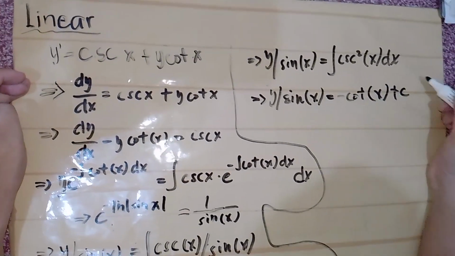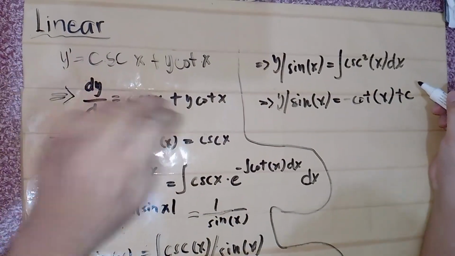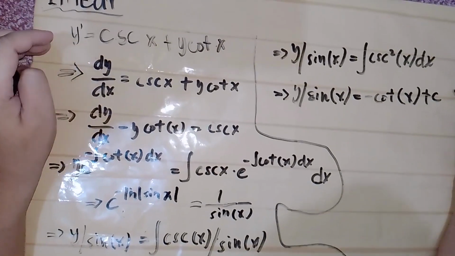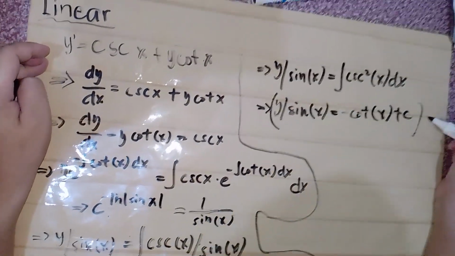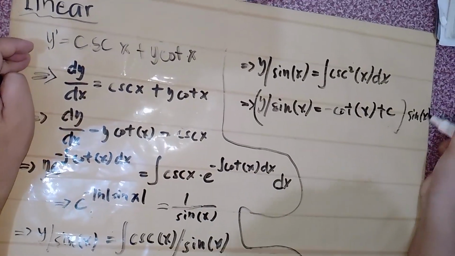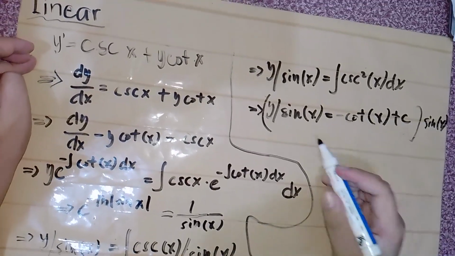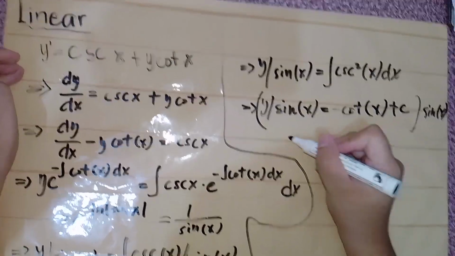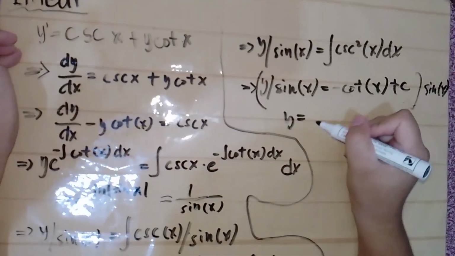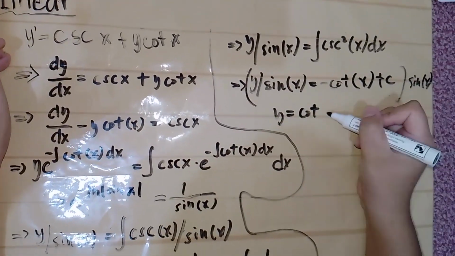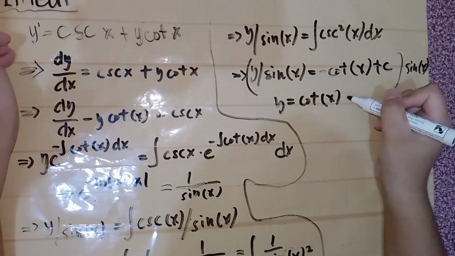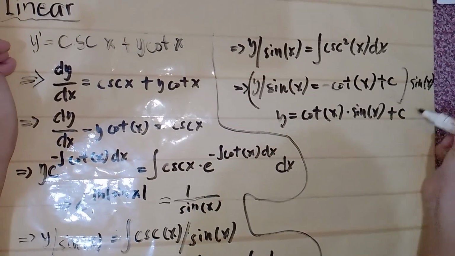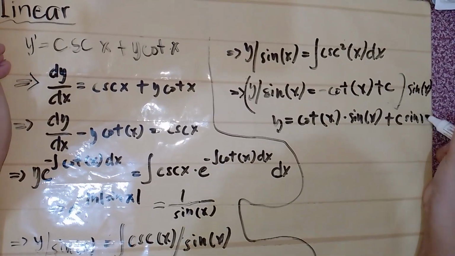Alright. So to eliminate the sine x under the y, we have to multiply both sides by sine of x. And after the multiplication of both sides, we have y is equal to negative cotangent x times sine x plus c sine x.